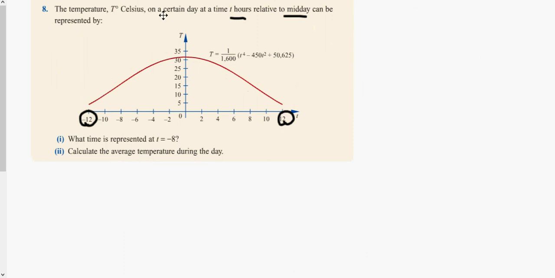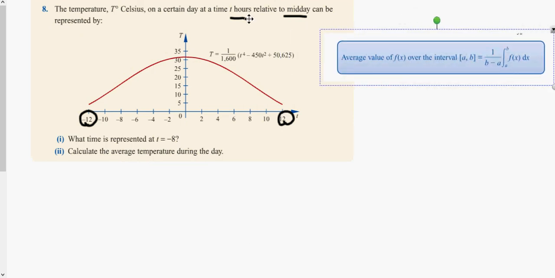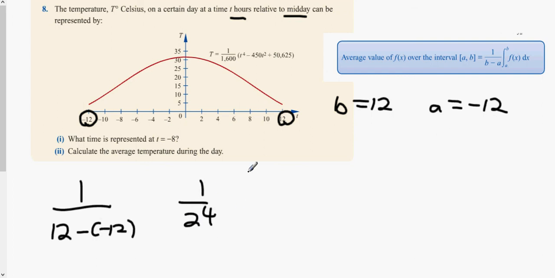Now, what we can see here is our b value is 12 and our a value is minus 12. So it's going to be 1 over b minus a, which is 1 over 12 minus minus 12, which gets me 1 over 24, the integral of 12 to minus 12, this function here.